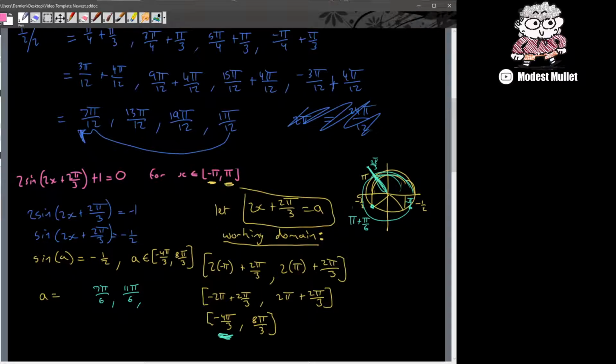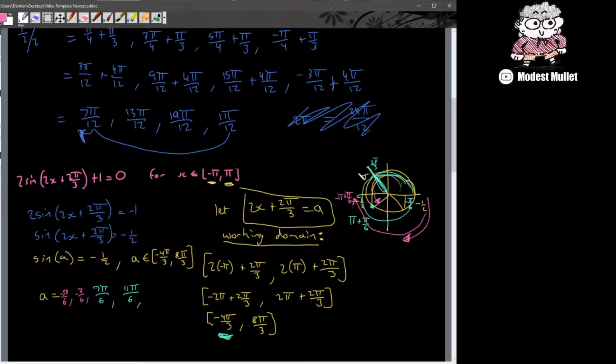In that case, if we were going this way, well, clearly we can get to negative pi on 6 quite easily. That's within negative 4 pi on 3. We can also get round to negative pi plus pi on 6, so that would be negative 5 pi on 6.